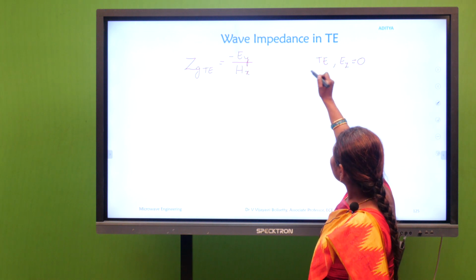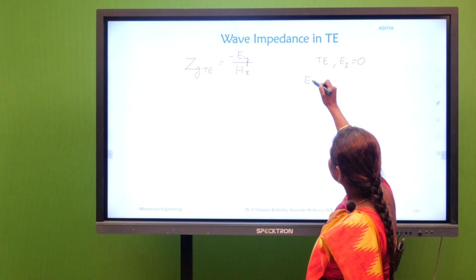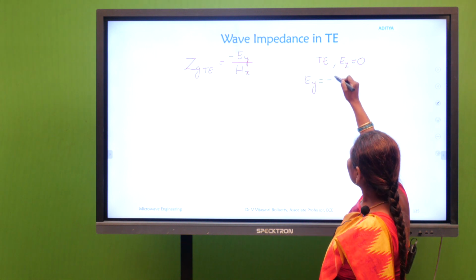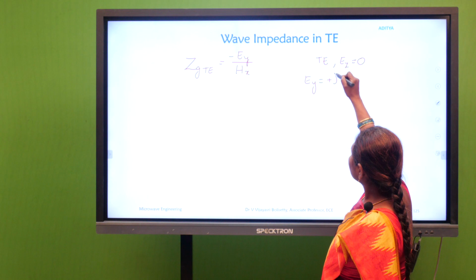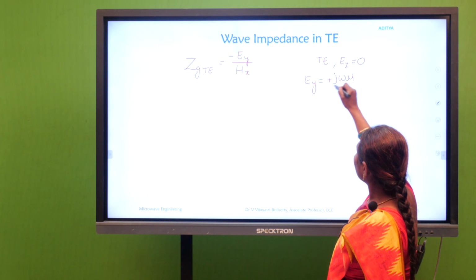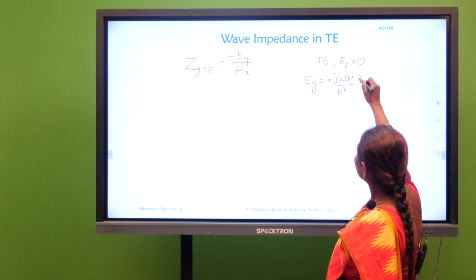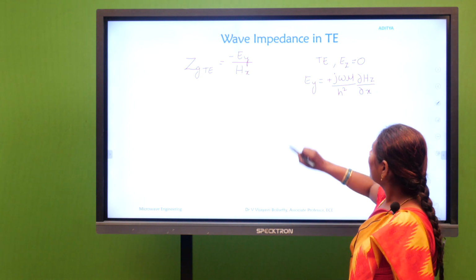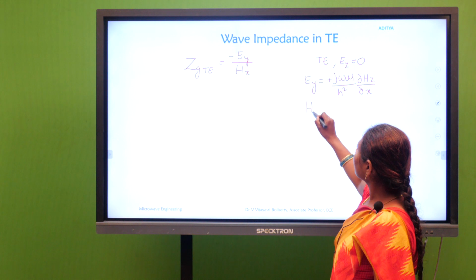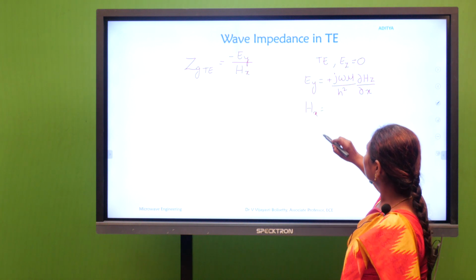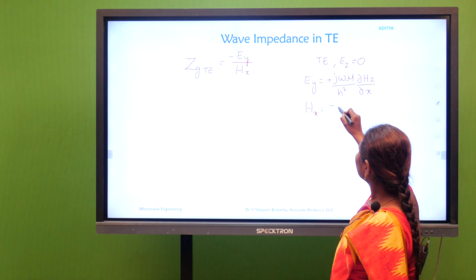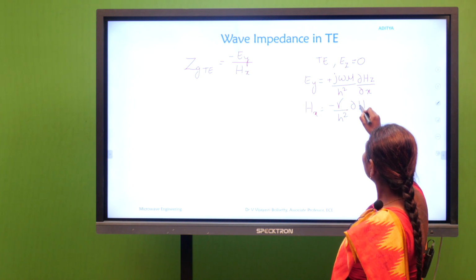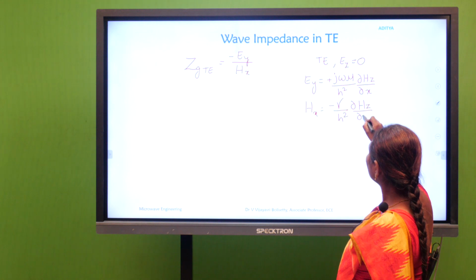So, the Ey in TE becomes Ey is equal to minus plus j omega mu by h square dou hz by dou x, and Hx becomes minus gamma by h square dou hz by dou x.